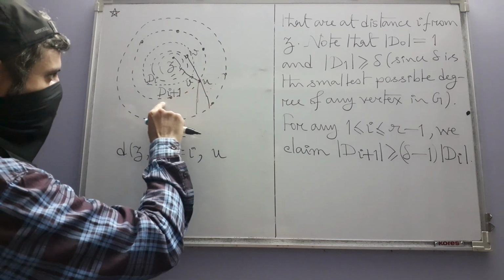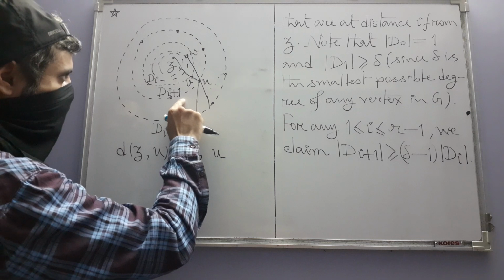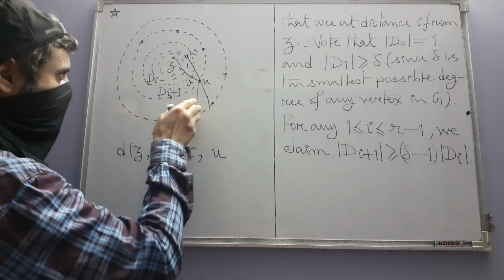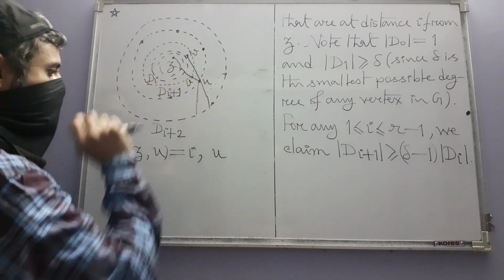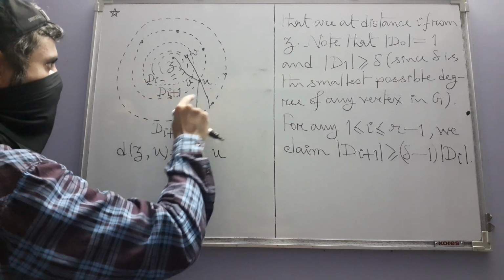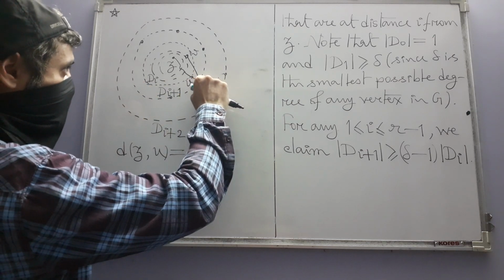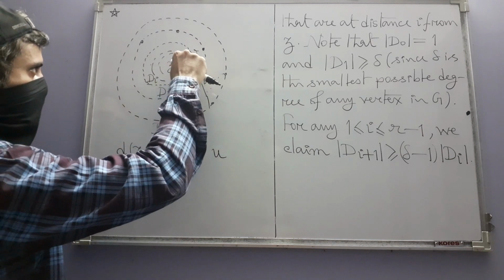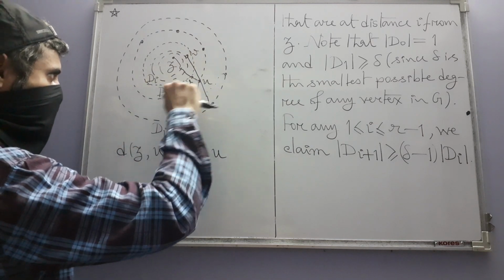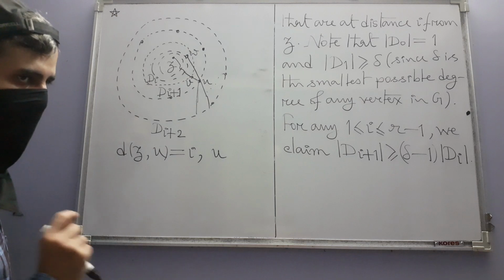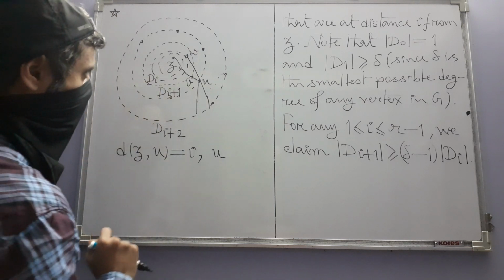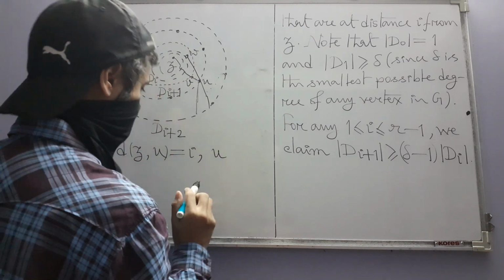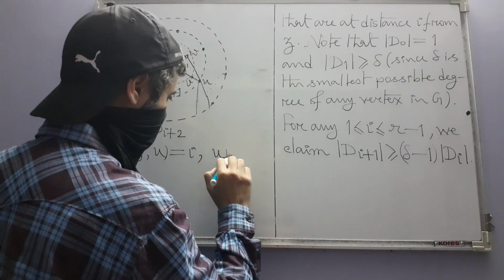U is at the level d_{i+1}. Its immediate neighbor at the lower level d_i is V. But we are supposing that it has another neighbor at a lower level. And this other neighbor W may be here itself, at this level d_i. But this is precisely what we want to say.